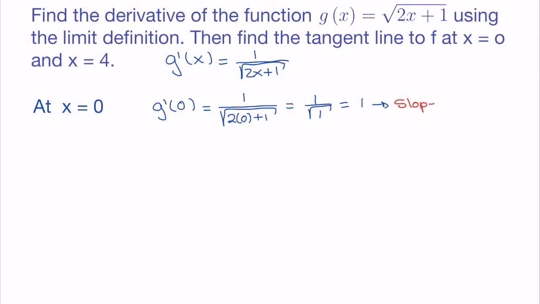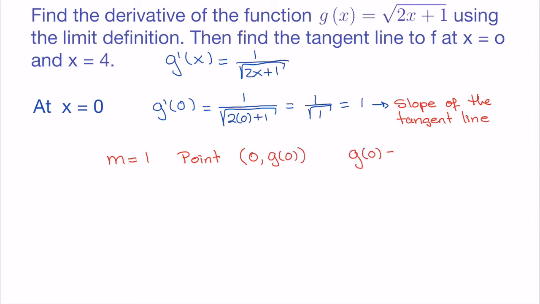This is the slope of the tangent line. So we're looking for the line whose slope is 1, and we need to find the point. The point is 0, g of 0. So we just have to evaluate the function at 0 to find the y-coordinate. So that's square root of 2 times 0 plus 1, and that again is 1. So the point of tangency is 0, 1.